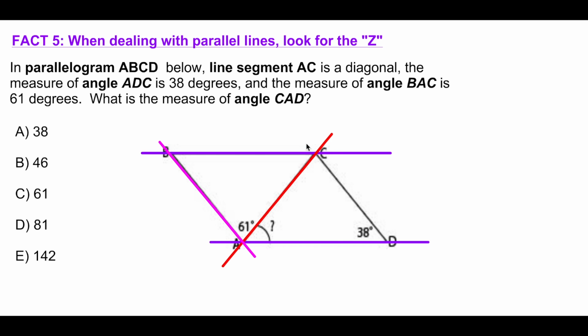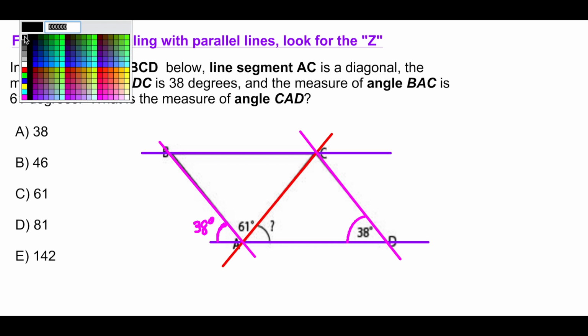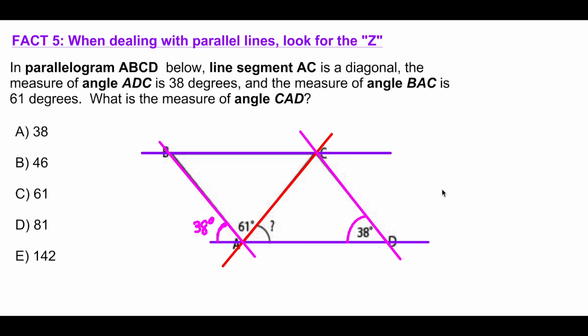So if we take a look here, one way to think about this is that 38 degrees right here corresponds to this angle right here. And then you could easily apply the rule that there are 180 degrees in a line. So we would simply do 180 minus 38 minus 61, and we would get 81 degrees as our unknown.